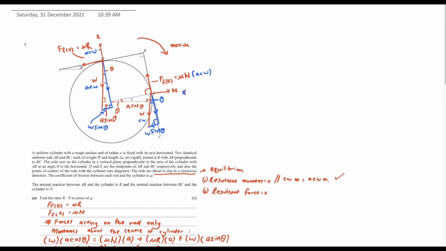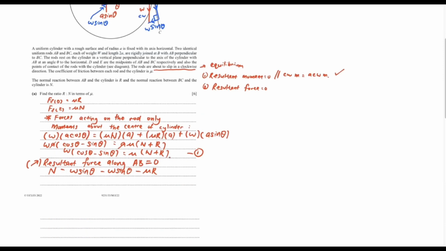Of course, this R we ignore because it's perpendicular to AB. This one is also perpendicular to AB. We can just ignore it straight away, as there is no component along AB. So equal to 0, and we get the second equation. Let's simplify this. I put these two together, 2W sin theta on one side, and N minus mu R on the other side.